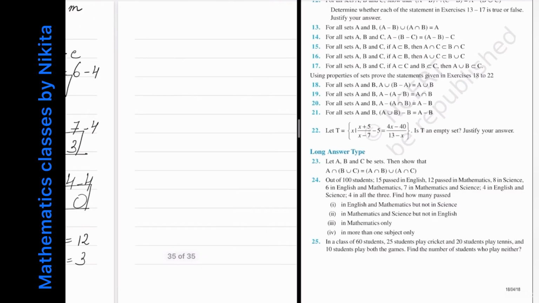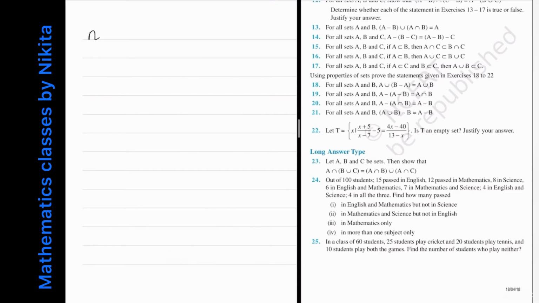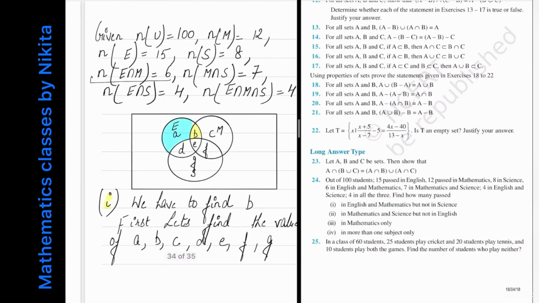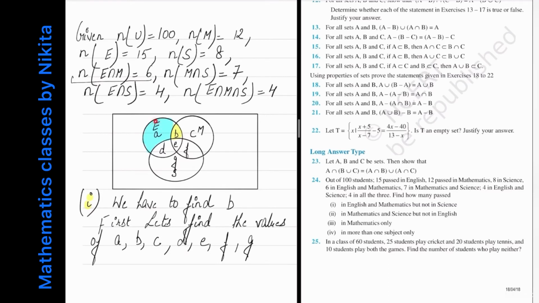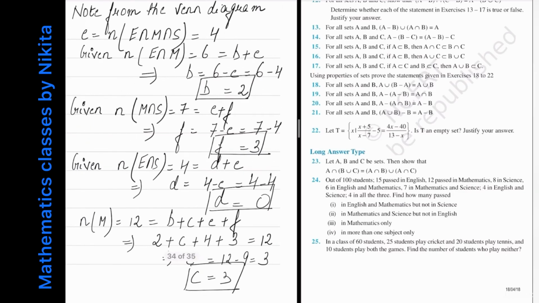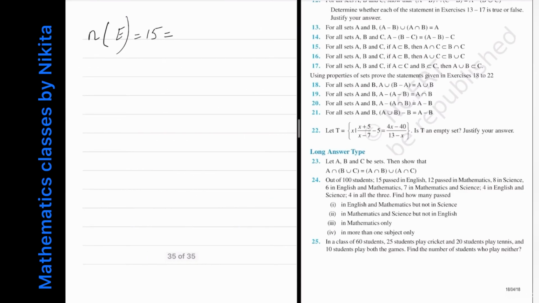Now next, it is given that n of E is equal to 15. And from the diagram, what is n of E? So n of E is equal to this, which is A plus B plus D plus E. And from here, just put the values.